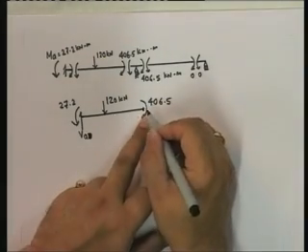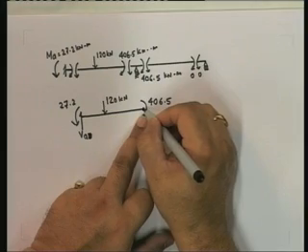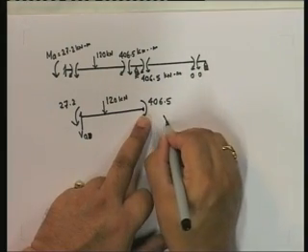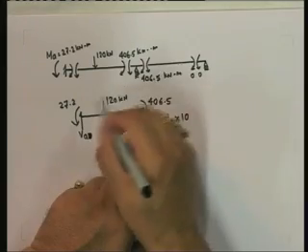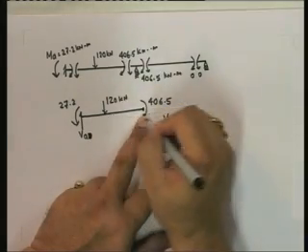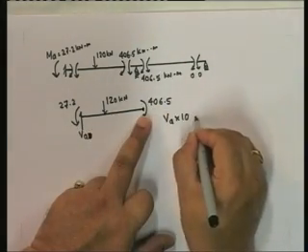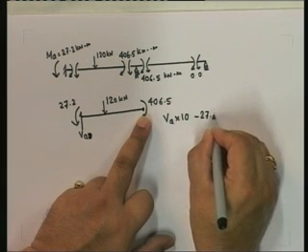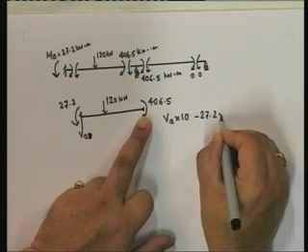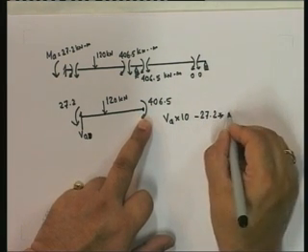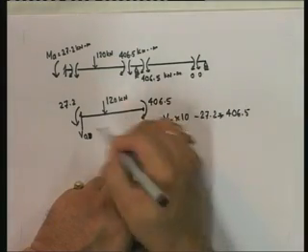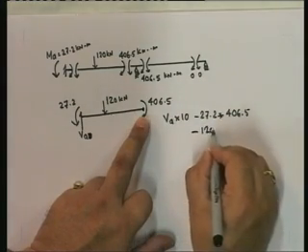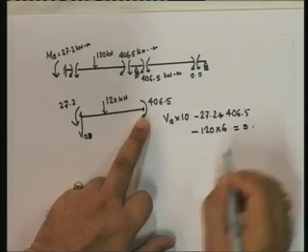What you will have is VA into 10. That's clockwise. Then this is anti-clockwise, so minus 27.2. Then this is clockwise, so it's plus 406, and then this is anti-clockwise, so minus 120 into 6 is equal to 0.